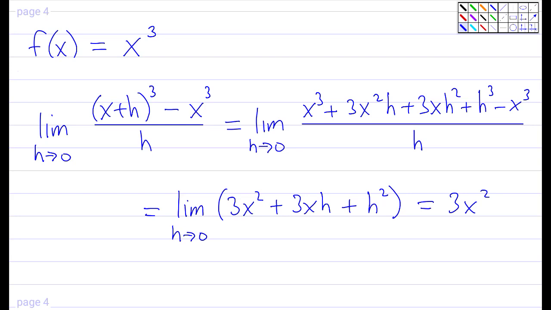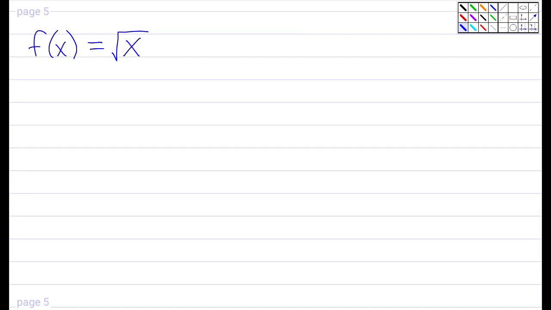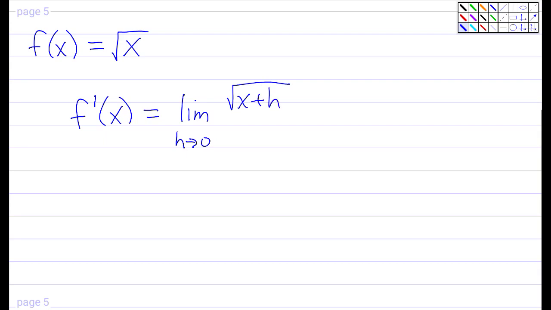Okay, one more example. Square root of x. F prime of x equals limit h goes to 0 of f of x plus h, square root of x plus h, minus f of x. That whole thing goes over h.